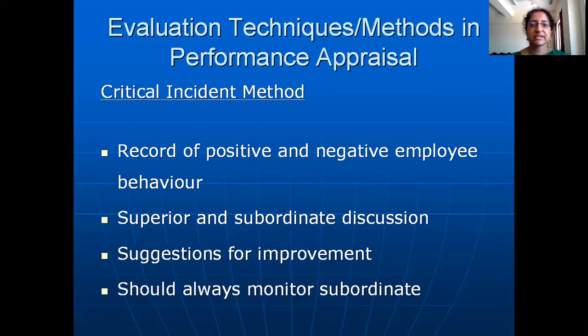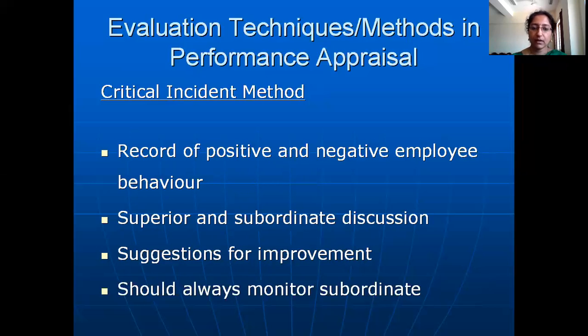The purpose of this discussion is to suggest any improvements for the employee. Where are they going wrong, if at all they are going wrong? If they are doing their work correctly, give them a pat and tell them that yes, you are doing your work correctly. Keep motivating them. All this is the purpose of the critical incident method.